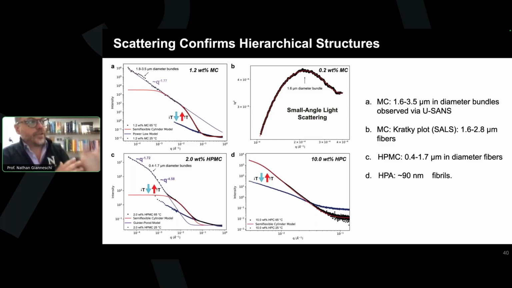But certainly the USANS data for methylcellulose is consistent with what we see by the freeze-dried SEM measurement, as I mentioned. We can also correlate this with small angle light scattering as well, which was done with Mike Hoare's group at Case Western.